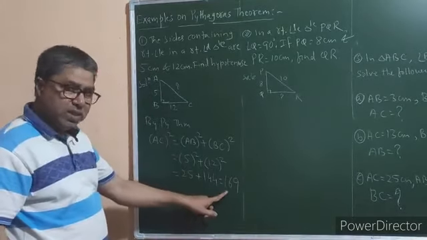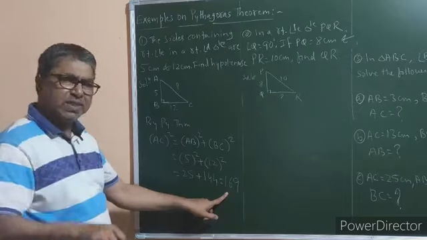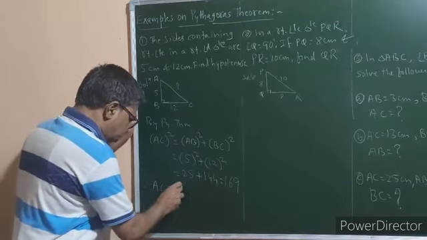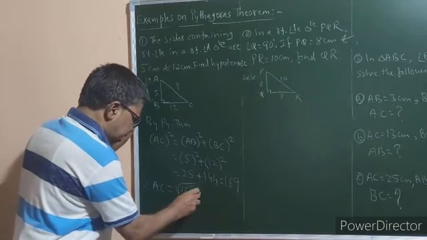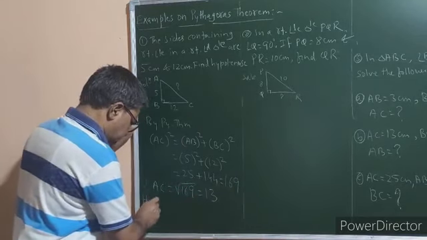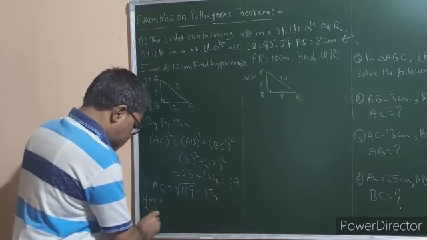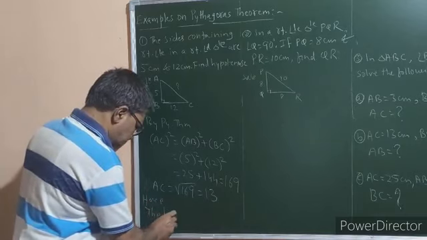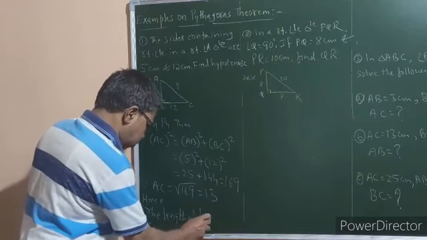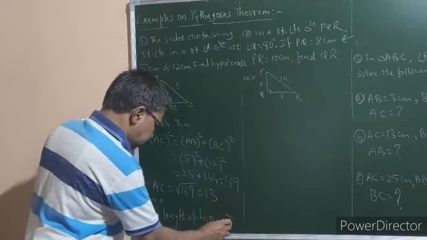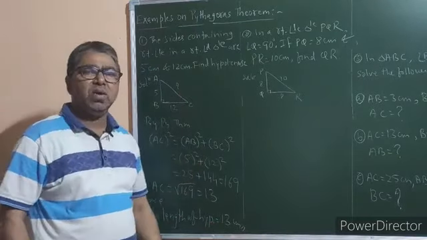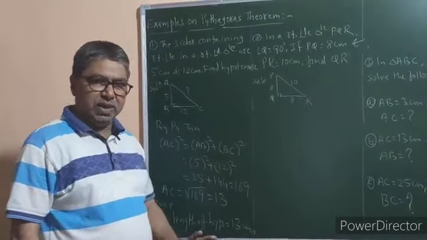Since AC square is equal to 169, therefore the length of AC will be square root of 169, and this is nothing but 13. So hence the length of the hypotenuse is equal to 13 centimeter. So in this example, the length of the hypotenuse will be 13 centimeter.